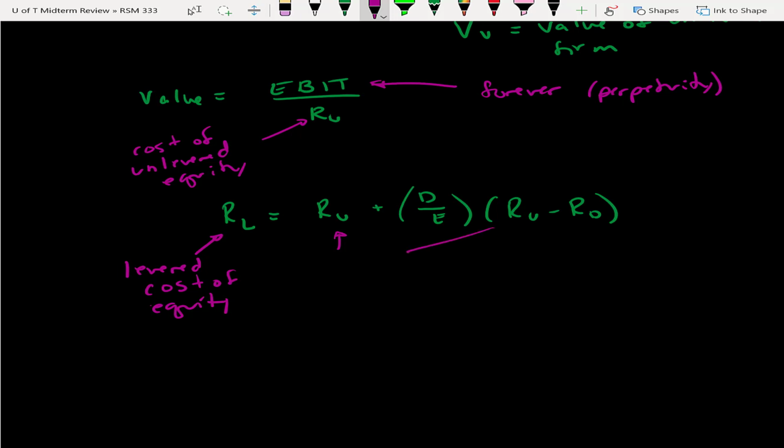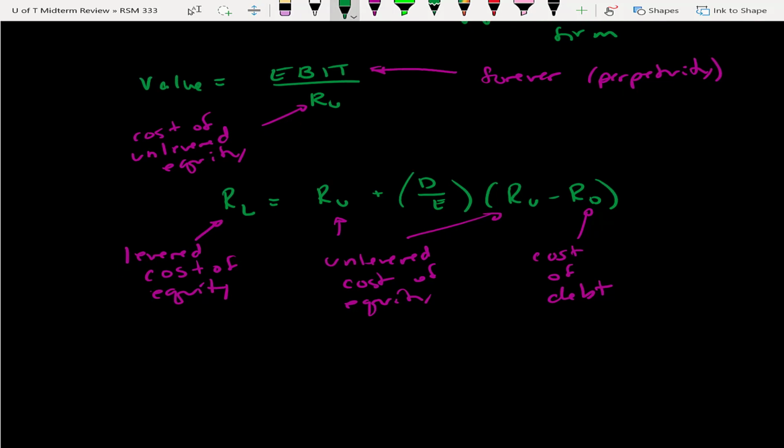RU is the unlevered cost of equity. D and E are debt and equity, and RD is the cost of debt. Now notice we didn't put 1 minus a tax rate to assume the deductibility of debt, because in this case we're assuming there is no taxes.